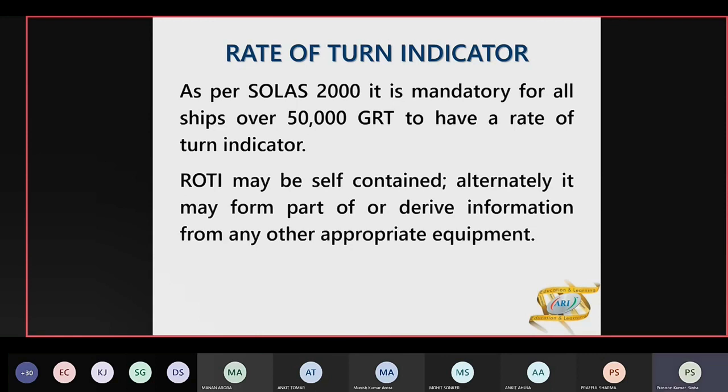Any problem with yesterday's numerical on the effect of current on wheel over point? No sir. Okay, good.